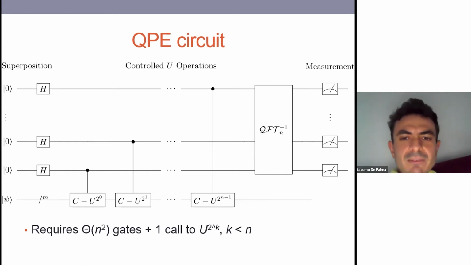In particular, if applying U several times has to be done sequentially and there is no shortcut, then this will be the bottleneck of this algorithm because we will need a lot of gates to apply U 2 to the n minus 1 times.